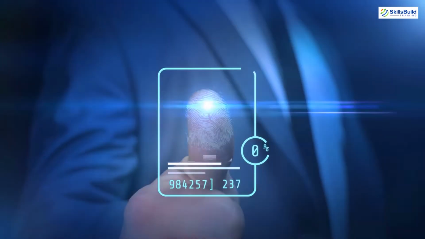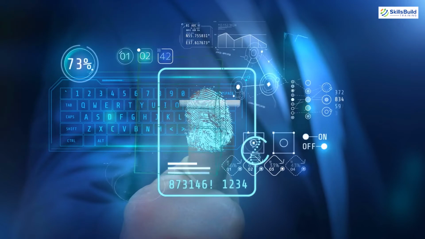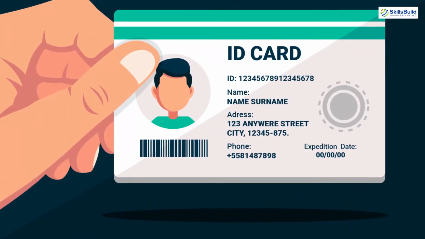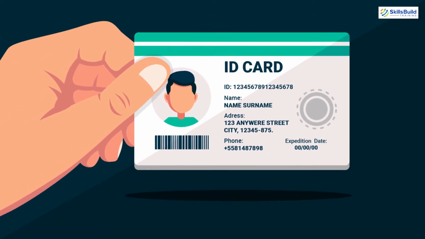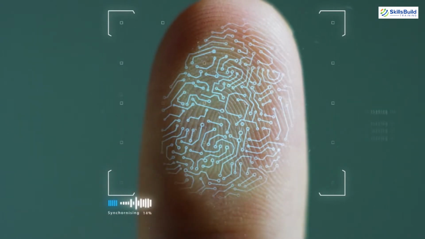Here, we need to understand identity first. Identity is a unique thing that is different for everyone. It is just like the national identity card number, which is unique for every person. That person can be authenticated based on their identity number.